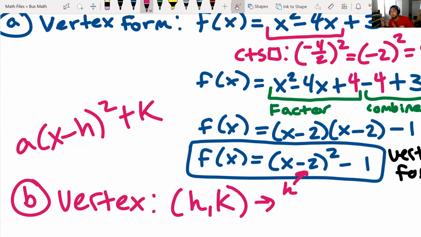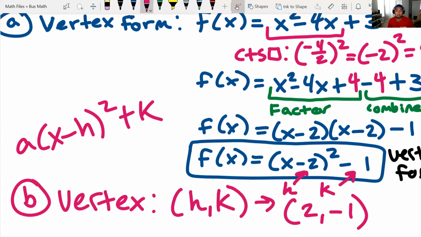You move everything a positive way 2 units, which means instead of stating -2, we always say the opposite. So when I put my vertex coordinates down, I'm actually going to write +2. And then for my k value, you state it as it is. My k value is always the same, so k is -1. My coordinate here is (2, -1).